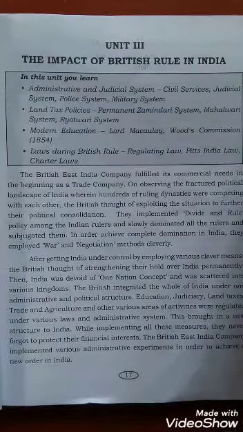Many changes they brought in the administrative systems, like here also in the judicial system, the British brought many changes according to the plan devised by Warren Hastings as a Governor General in 1772. He introduced two types of courts established in each district. That is very important.